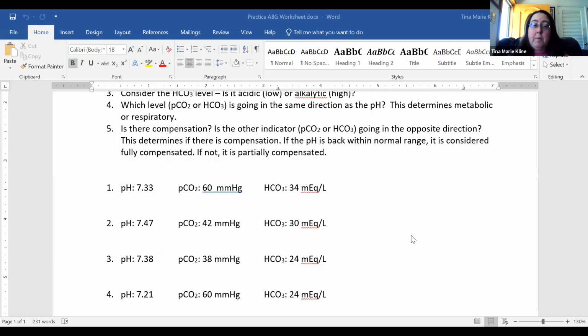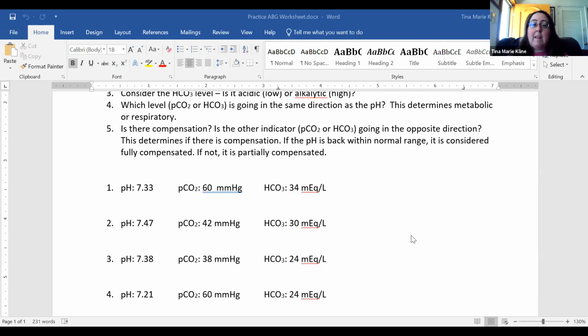Number 2, I'm looking at the pH, 7.47. That falls to the alkaline side, alkalosis. My PCO2 is 42, so that is normal. And my bicarb of 30 is going to the alkaline side. So the two that are going in the same direction are the pH and the bicarb.